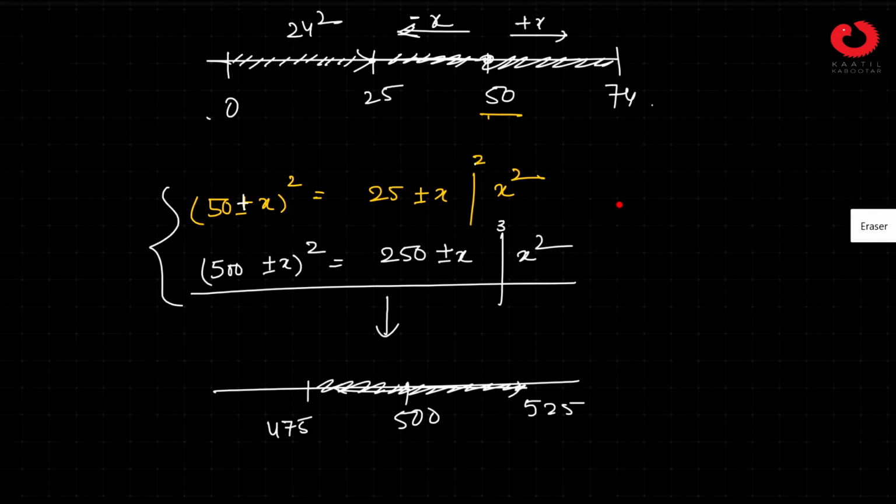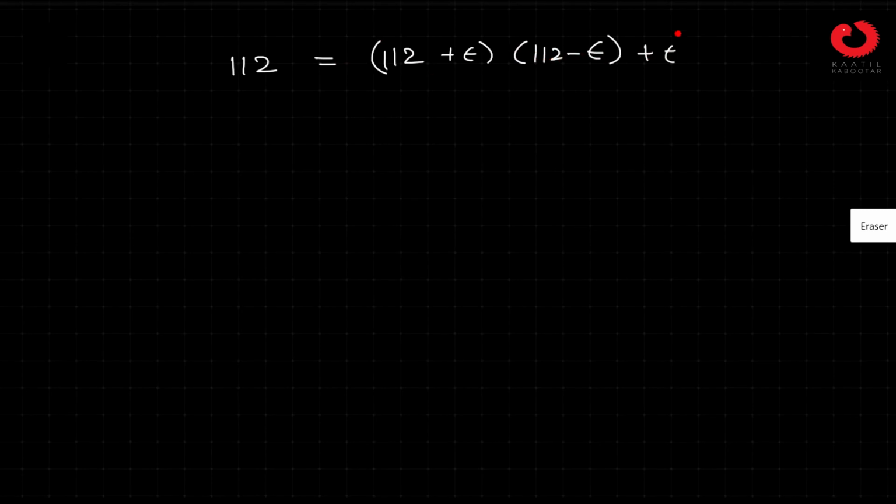Now the same logic that we have used, we will be using for numbers around 100. Suppose there is a number given as 112 and you have to write it as 112 plus epsilon, 112 minus epsilon plus epsilon square. You can take epsilon as 12 and you can very straightforwardly see this.